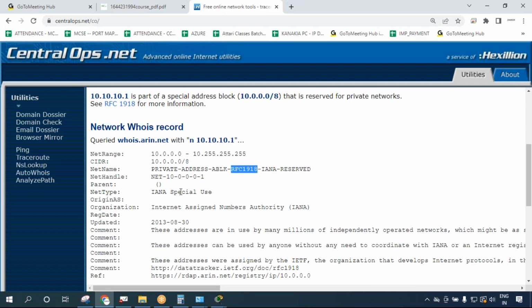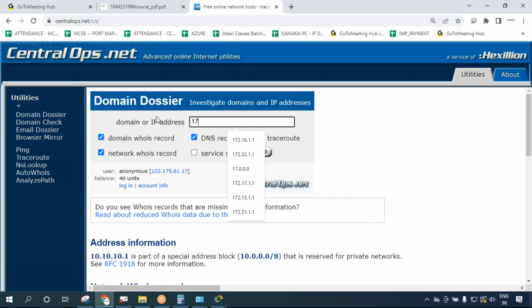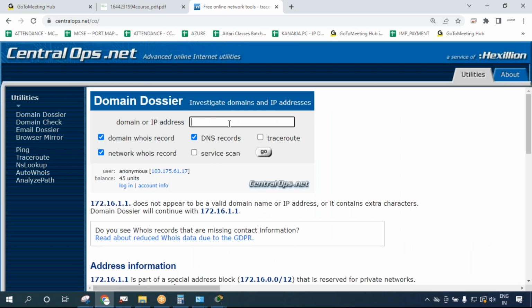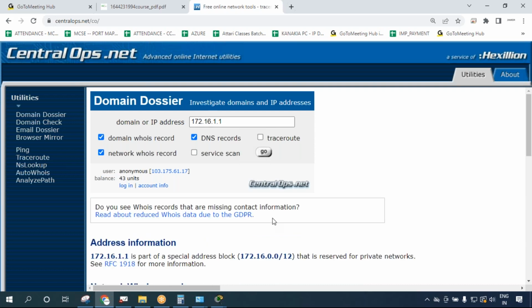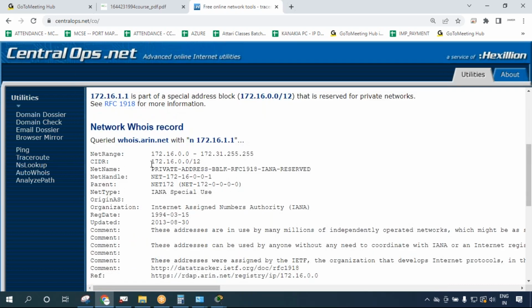Now, my dear friends, if I ask IANA, who has taken 172.16.1.1? IANA will say from 172.16 up to 172.31, this entire range is a private address range.